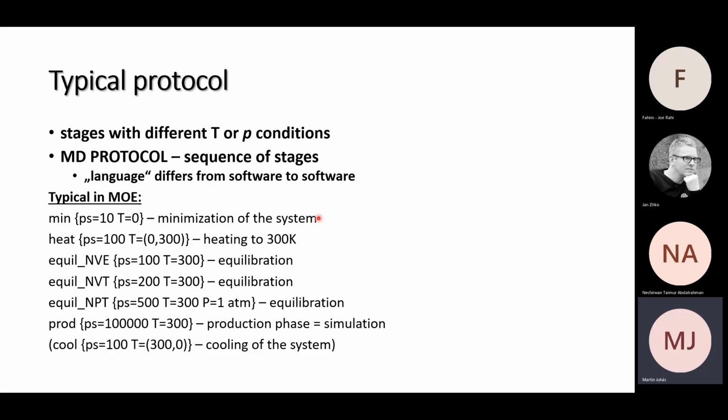But then you want it to be a real system, so you need to minimize it to get rid of all mostly geometric clashes. So the atoms that are very close to each other need to be slightly shaken and put into the right place.